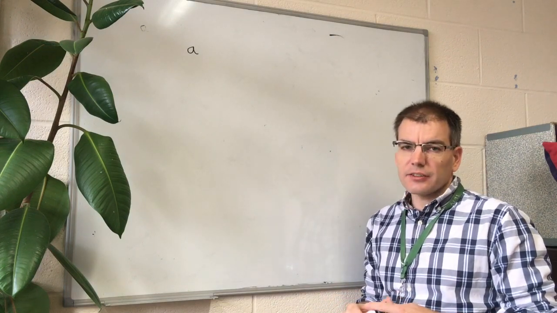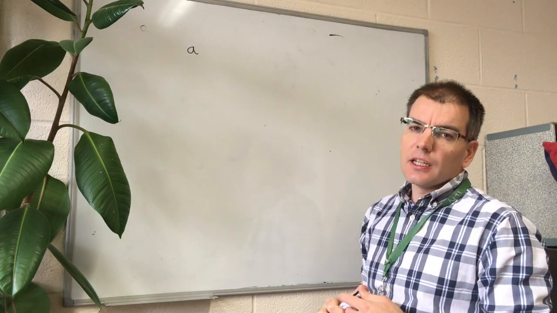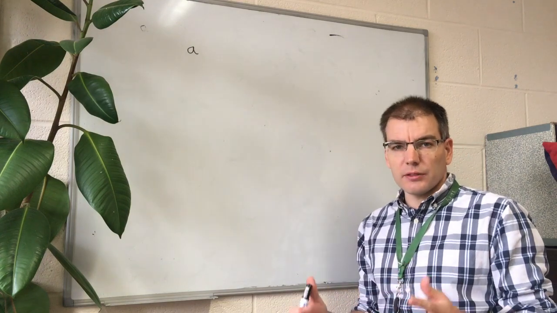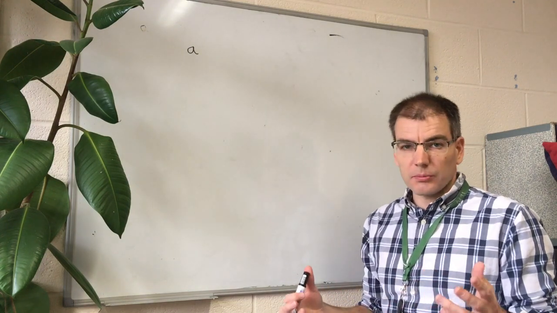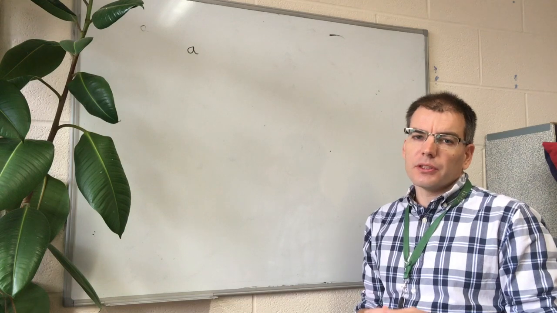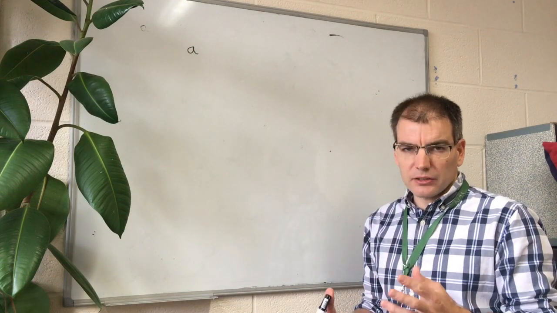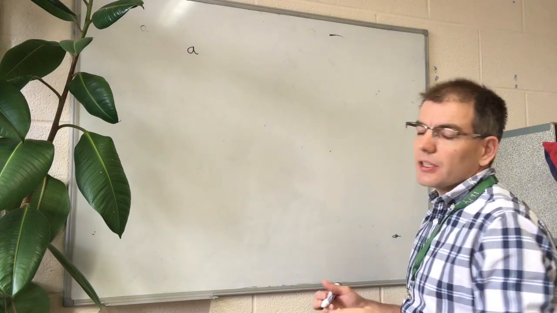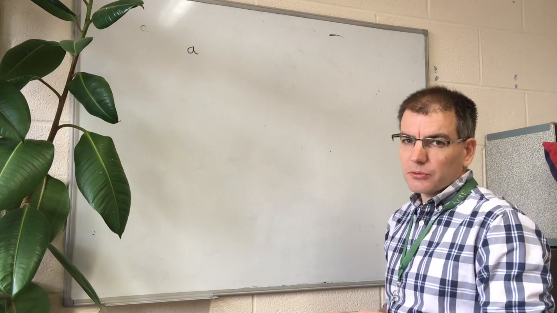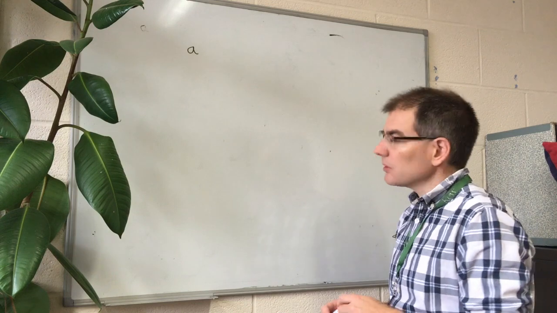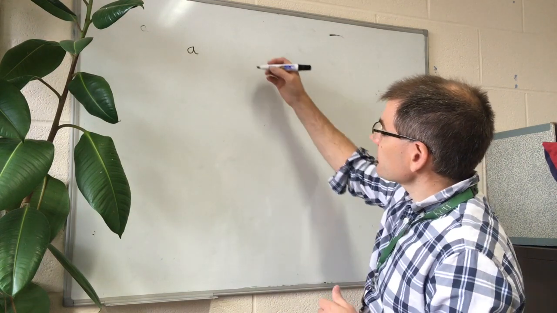So a letter A, for example, might be a certain type of leaf, or a certain type of wing, or a certain coloration pattern of a petal, some kind of character that an organism has, whether it's a plant or an animal or a microbe.